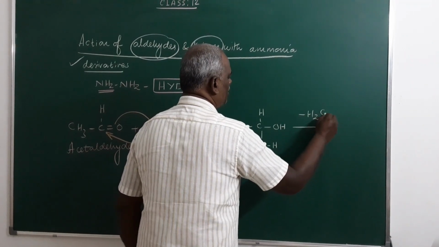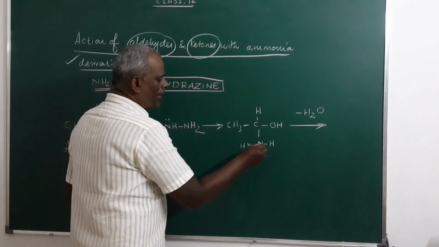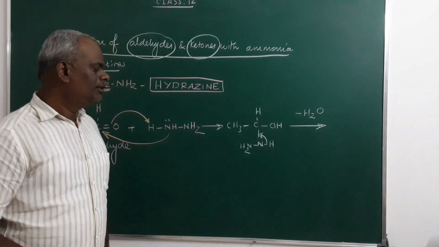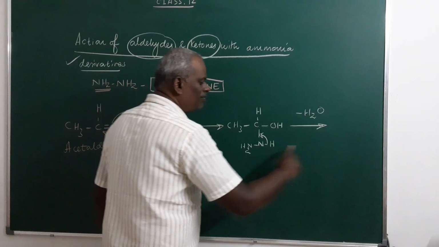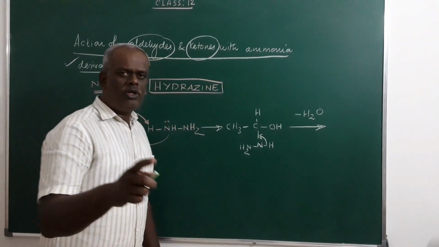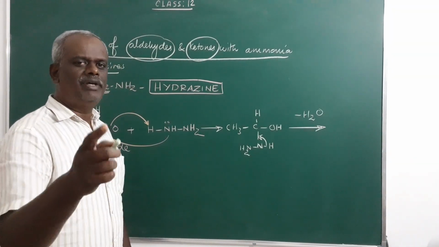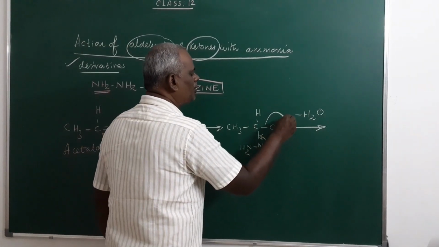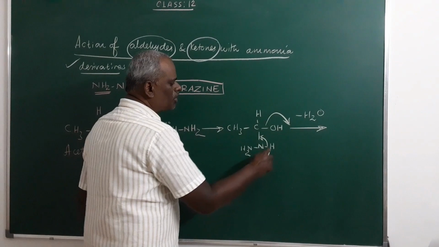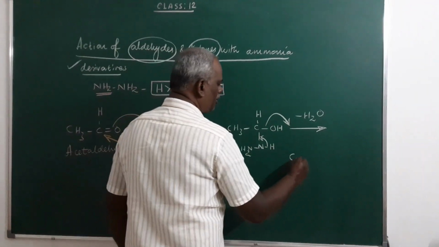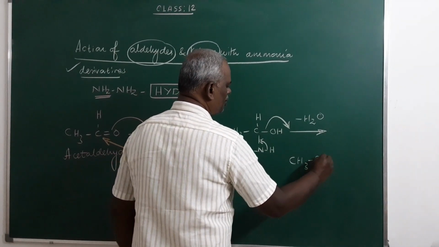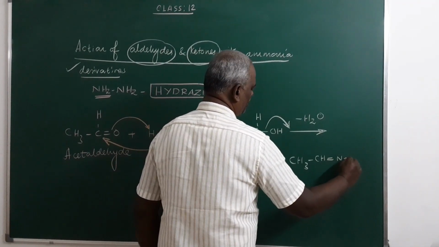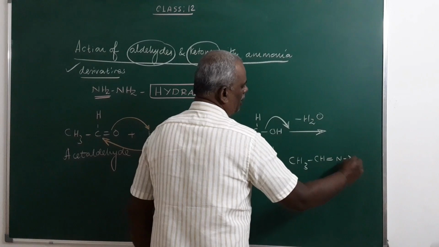Condensation takes place. The pair of electrons moves between the carbon and nitrogen. As a result, the hydrogen leaves as H+. Usually in most cases, hydrogen leaves as H+. Subsequently, OH is removed as OH minus. H combines with OH, and the product will be CH3CH with a double bond to NNH2.